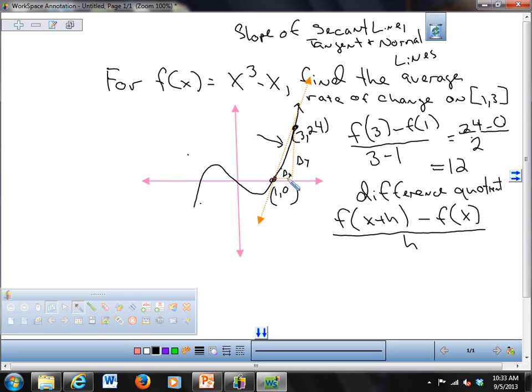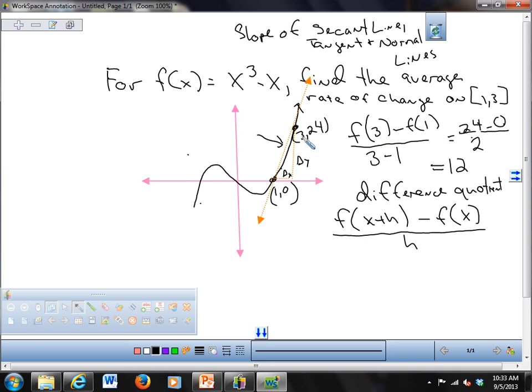You understand that? Okay, so f of x plus h, so in this case this is f of, oh, that's not, okay, I went backwards instead of forwards.